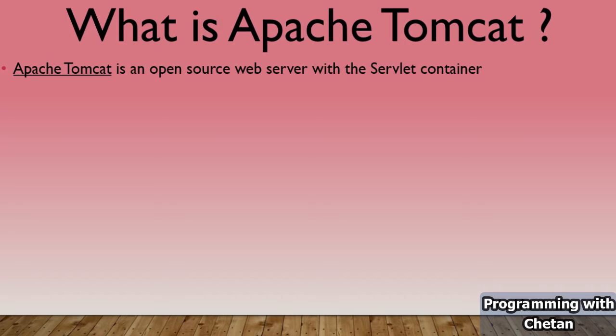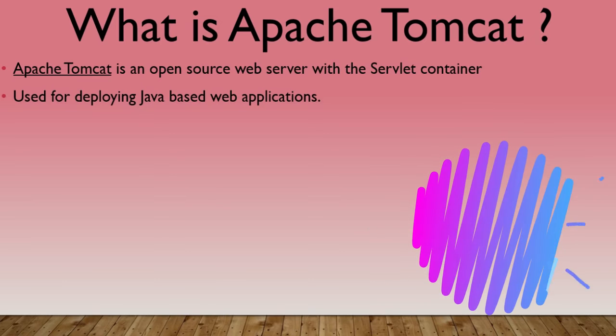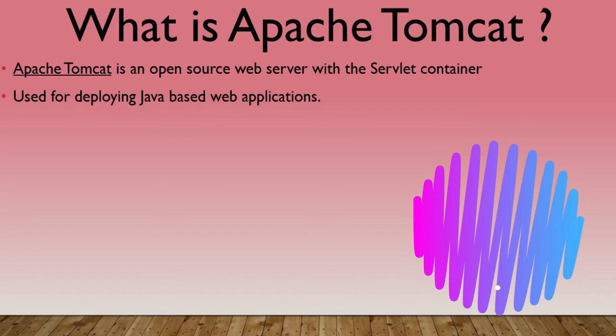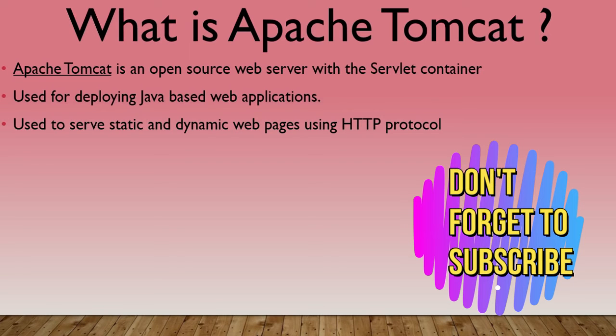Now let's discuss our next point, what is the use of this Apache Tomcat. It is used to deploy our Java based applications. In our upcoming videos, we will see how we can integrate Apache Tomcat with our Java based applications and how we can deploy our Java applications on this web server. Now, this Apache Tomcat is used to serve static and dynamic web pages.